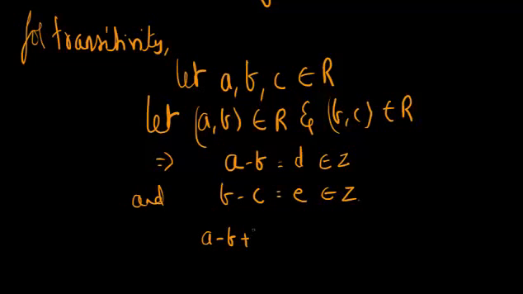A minus B plus B minus C is equal to D plus E. This and this get cancelled, so I'll have A minus C is equal to D plus E.